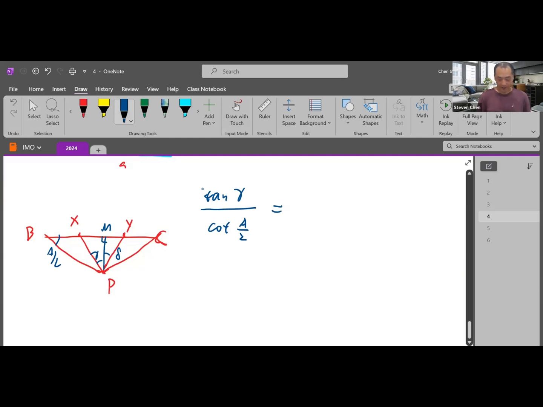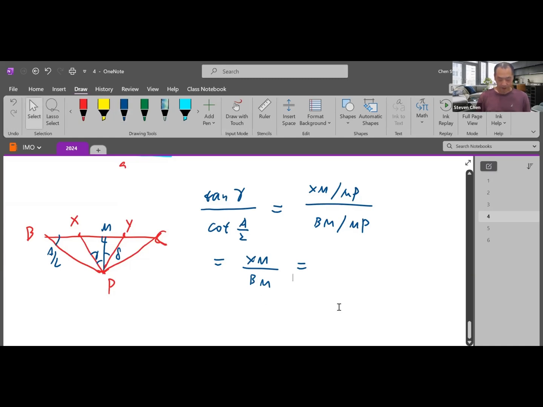Why? Because tan of gamma is equal to XM over MP, and cotangent A over 2 is equal to BM divided by MP, okay? So we only need to compute XM divided by BM. Okay. All right. So what is XM?